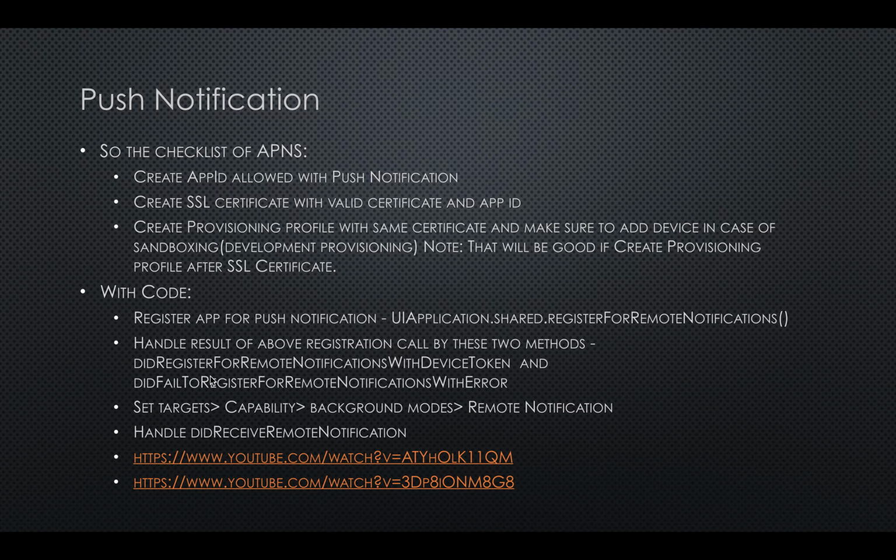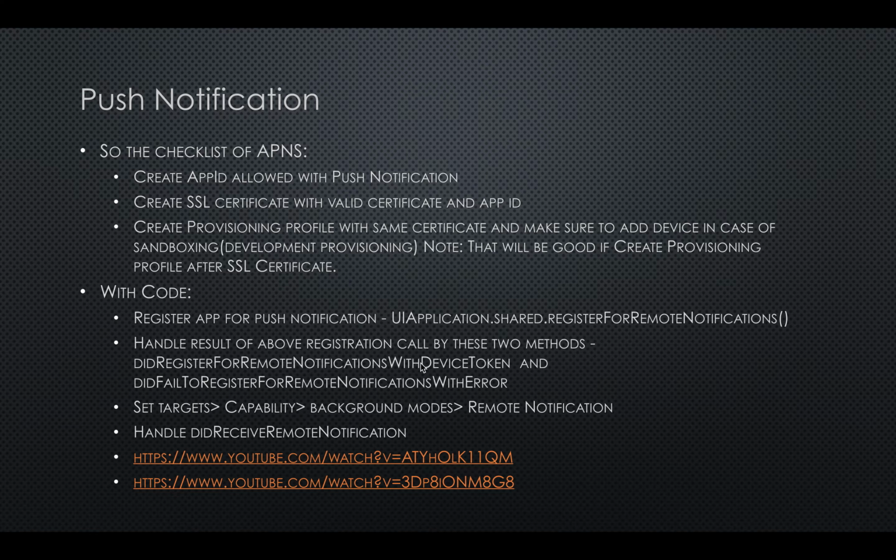One is didRegisterForRemoteNotificationsWithDeviceToken, and one is didFailToRegisterForRemoteNotificationsWithError. One is called when you are successful and you have received the device token, and one is called when you fail to register for remote notification and there's some error.